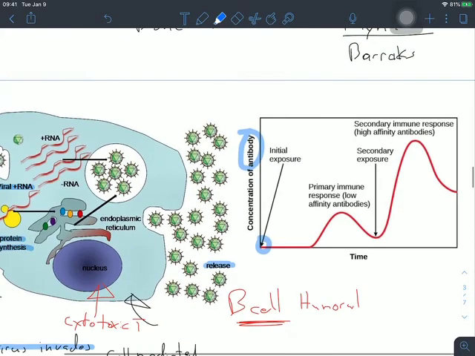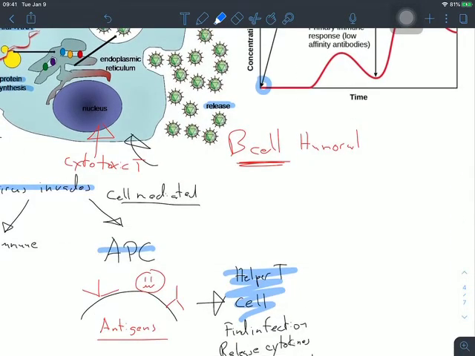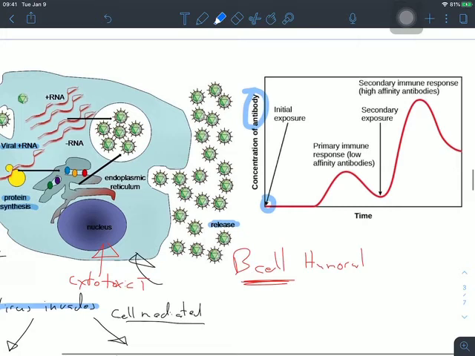Perhaps in that first round, your body will have some antibodies already on stock that bind kind of okay. That's your primary immune response. Low affinity antibodies start to be made to kill the thing.